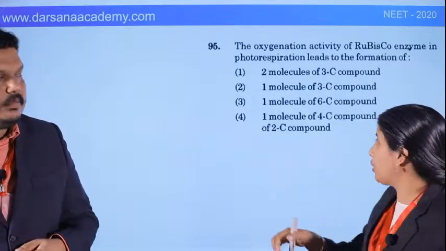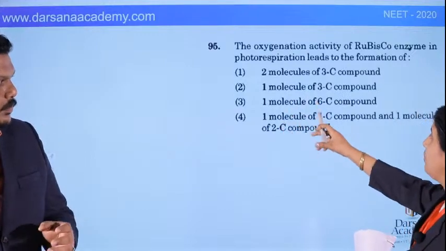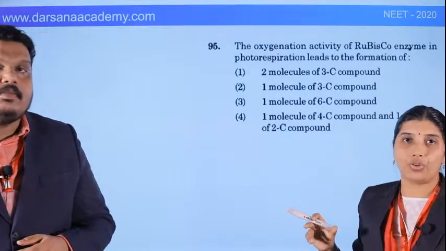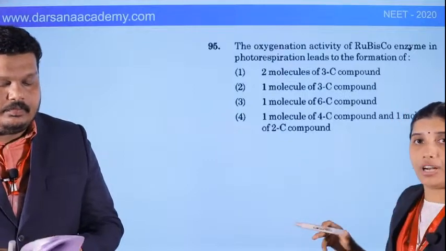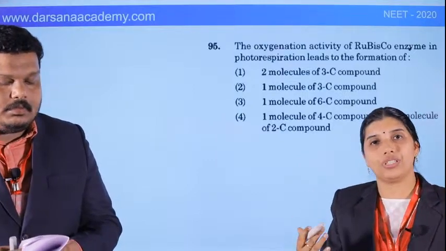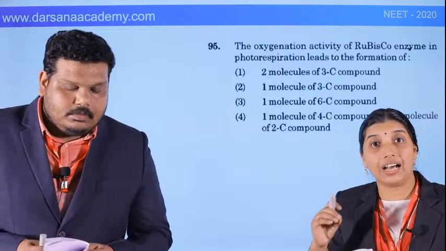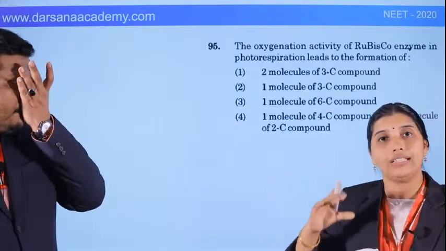One molecule is a 2-carbon compound, called phosphoglycolate. The other compound formed is 3-carbon phosphoglycerate, PGA.